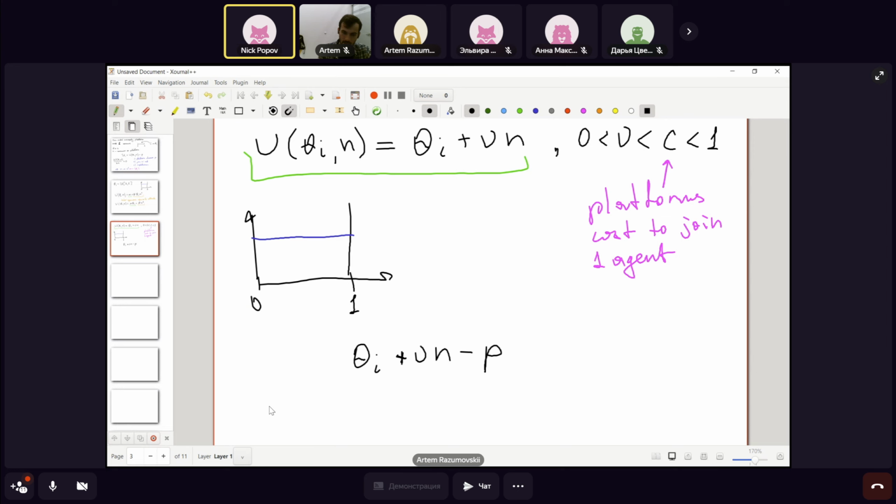Well, you should compare it to the utility of not joining. It is 0, right? Yes, it's probably 0. So then I should check whether it's greater than or equal to 0. Do I have some mistake here or not?